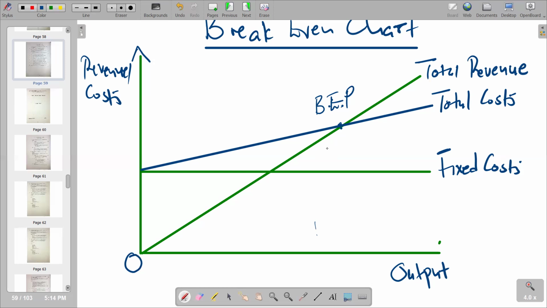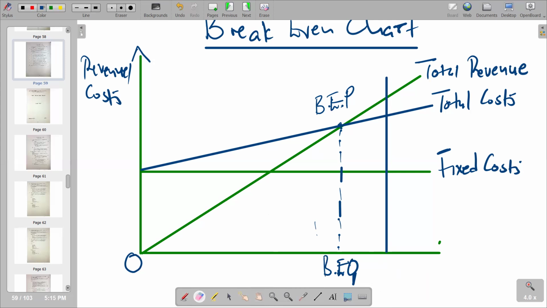And obviously, now according to our points, we can try to show the break-even quantity by going down. If you go down, you see break-even quantity. So that's what we have. And then we can just choose any point to indicate our current output. So we can come up with a vertical line that is indicating our current output, on the axis which is our output.